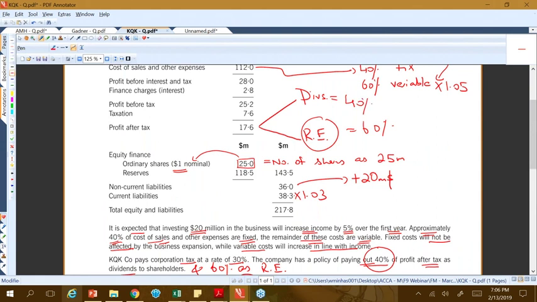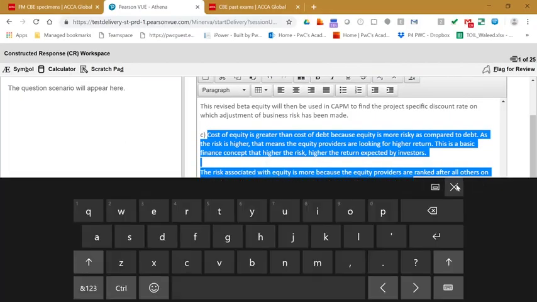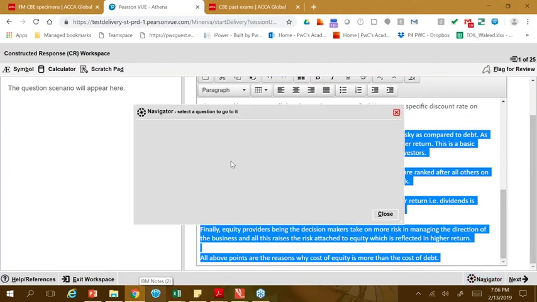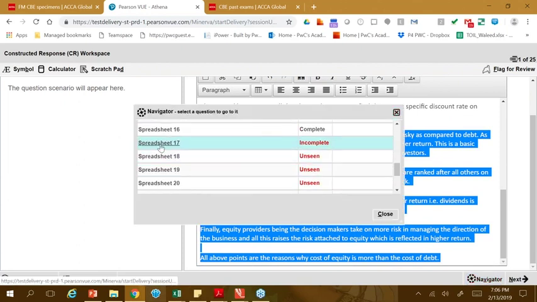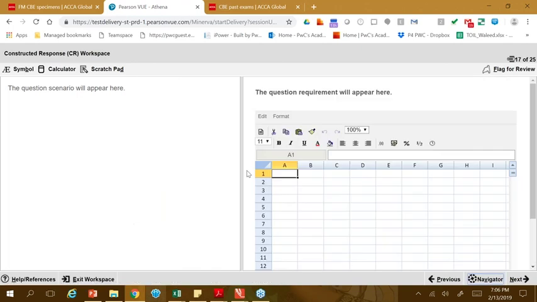Okay, so this is what we have, and let's go into the workings on this question then. So let's put a spreadsheet out. So I'm going to do it here.